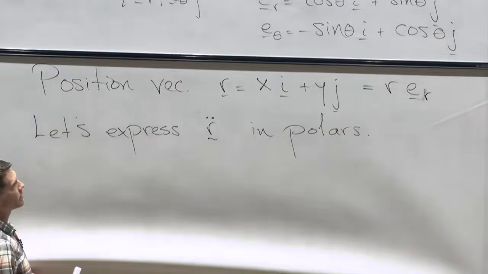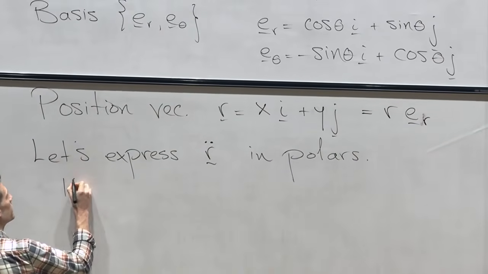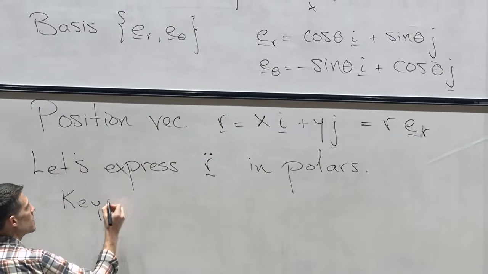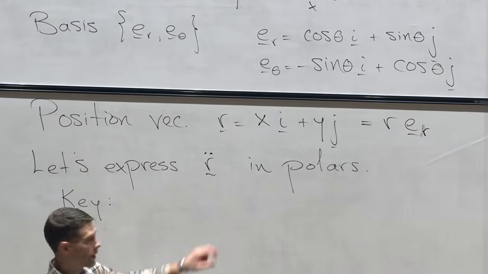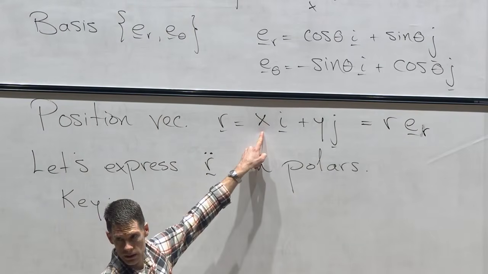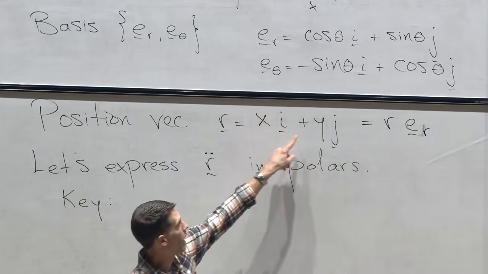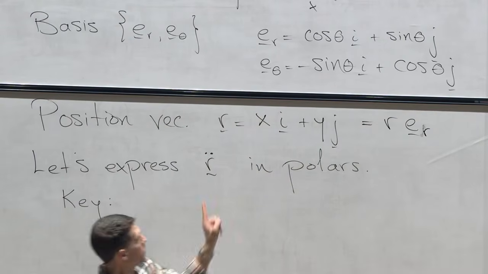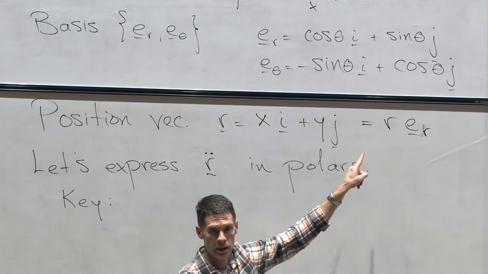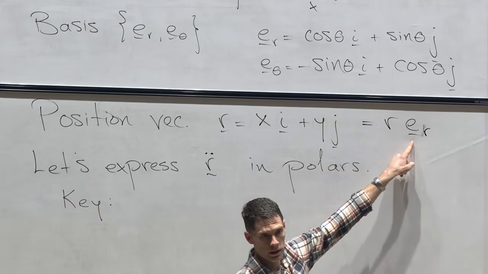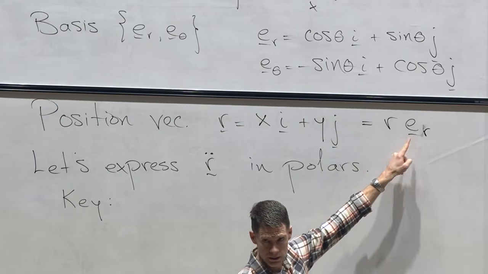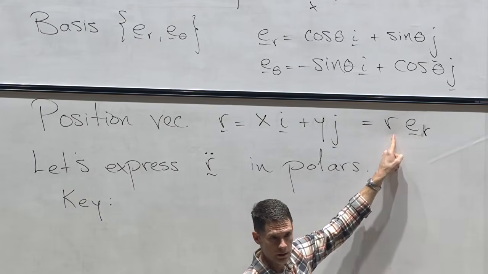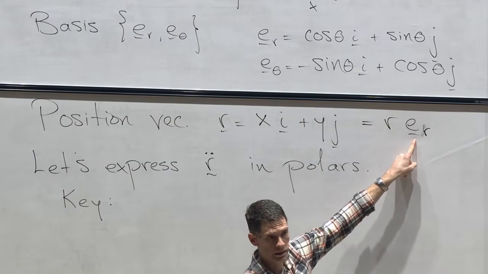The key to doing this is to make an observation. Of course, if I want to write r double dot in Cartesian coordinates, it's very straightforward. I just get an x double dot i and a y double dot j. But if I'm doing 2 dots over here, I have to be careful because e_r changes with position, which means the d/dt's don't just affect that, but they also affect the basis vector.